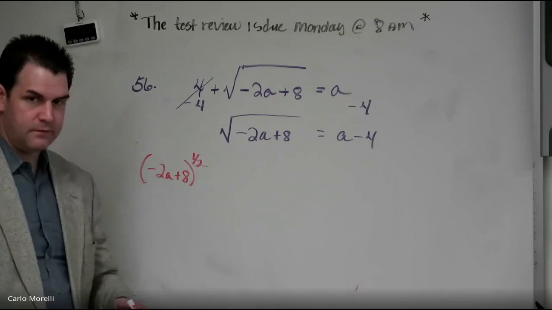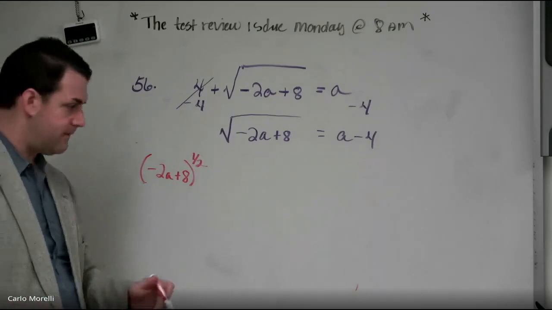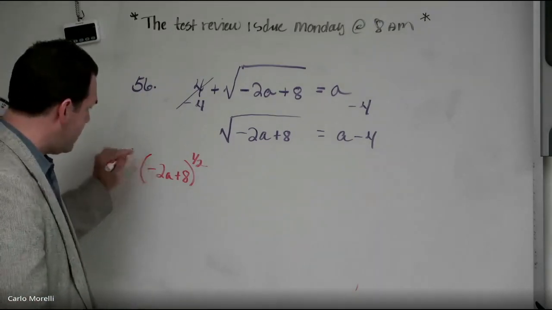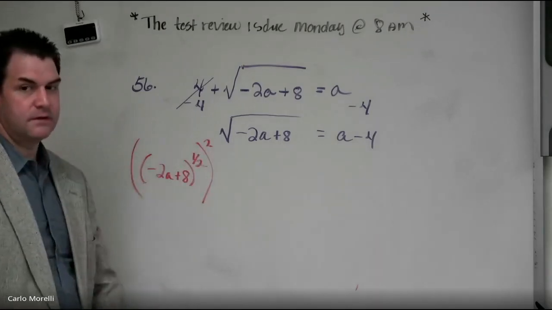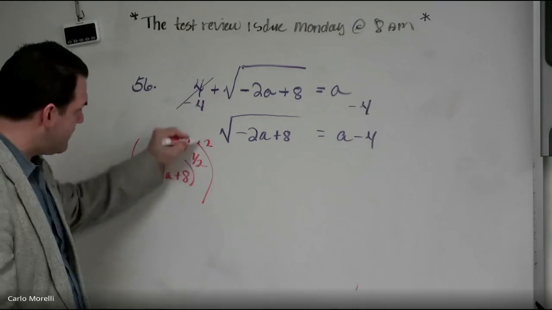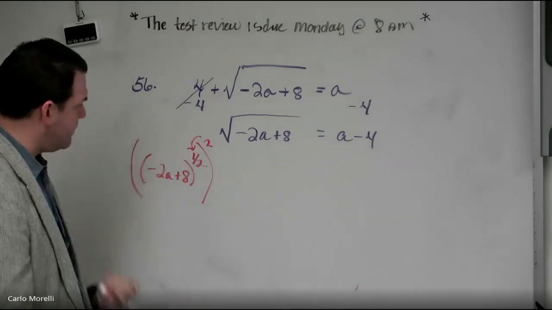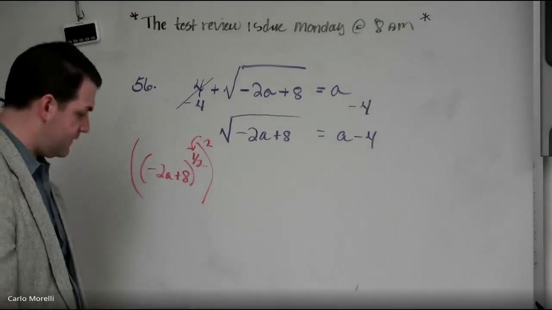You ready for help? In order to do that, you'd have to raise it to the power of 2. Then the power rule of exponents would allow you to multiply the 2 by the 1/2.